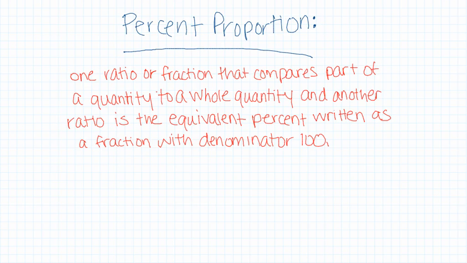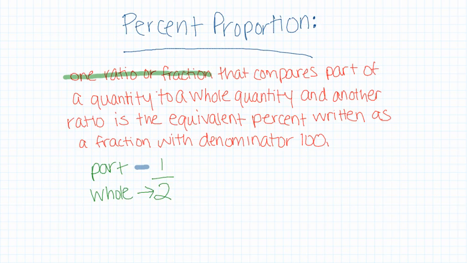So, for example, we're going to have 1/2, which is in fact a ratio or fraction. And then we have that 1 is the part. All right. And we have that 2 is the whole.